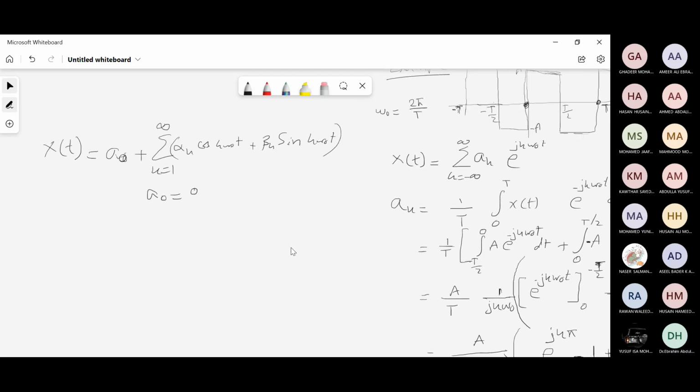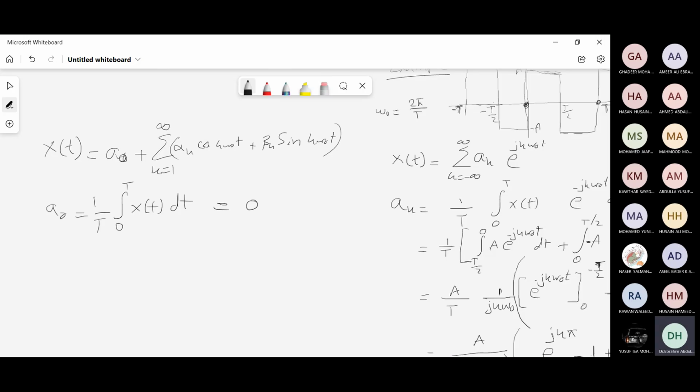What is alpha k? Let's write it directly from here. So A naught equals 1 over t integration of x of t dt, and we say that this is the average value which is equal to 0.